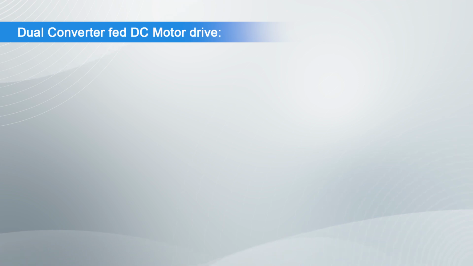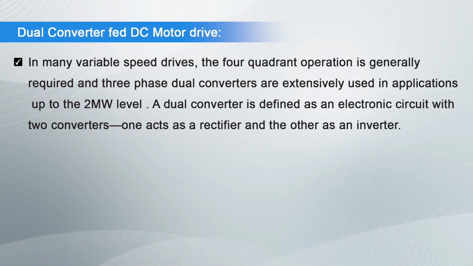Now, next topic is dual converter fed DC motor drive. In many variable speed drives, the 4-quadrant operation is generally required and 3-phase dual converters are extensively used in applications up to 2 megawatt level.